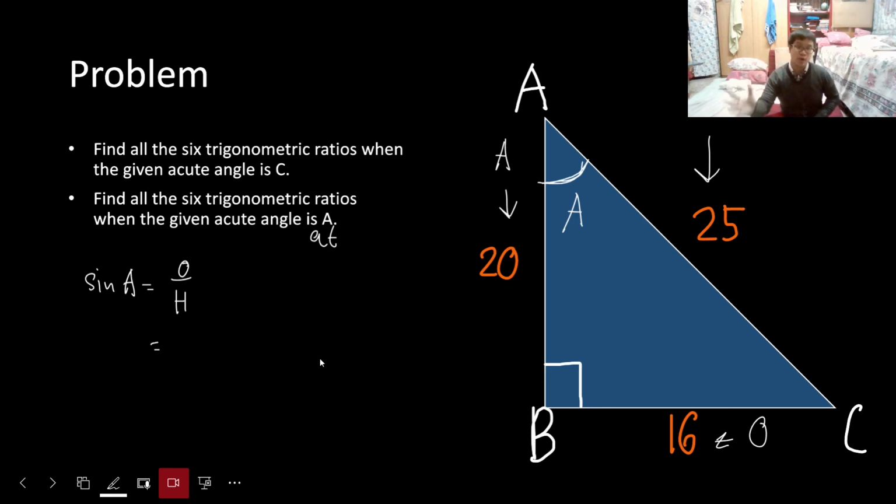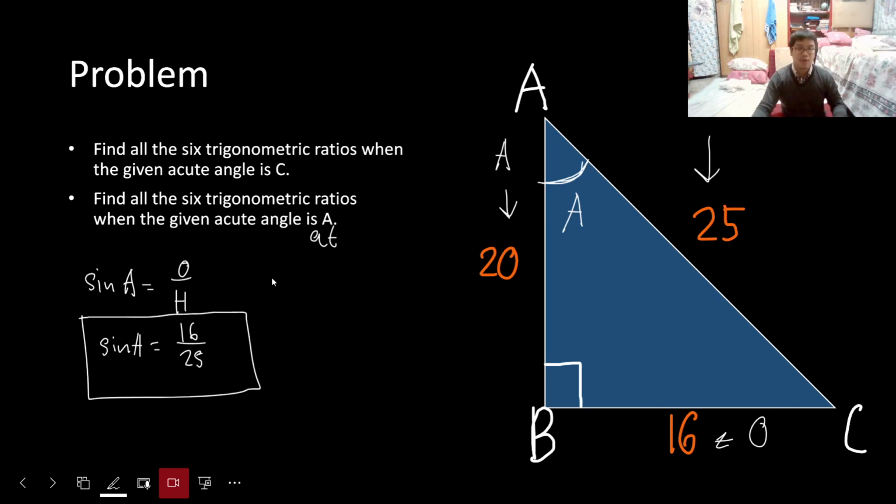Since your O is 16 units and your hypotenuse is still 25, you will have 16 all over 25. Since 16 and 25 have no common factor except 1, it's already simplified, so we can leave this as our final answer.